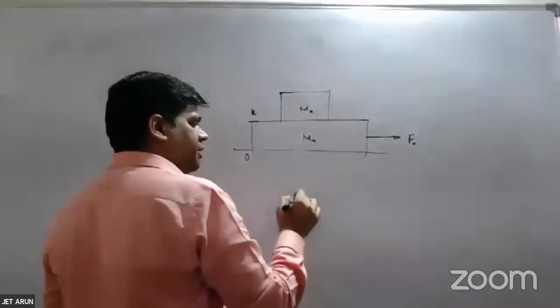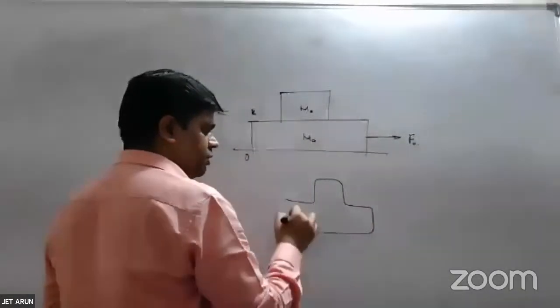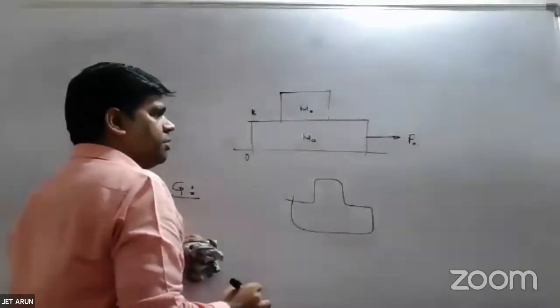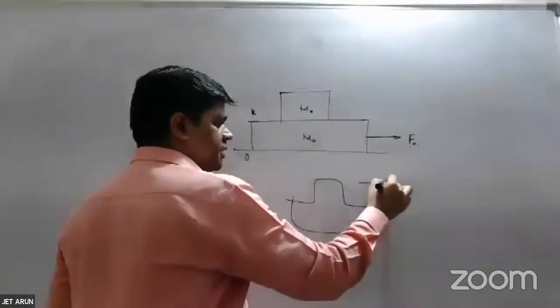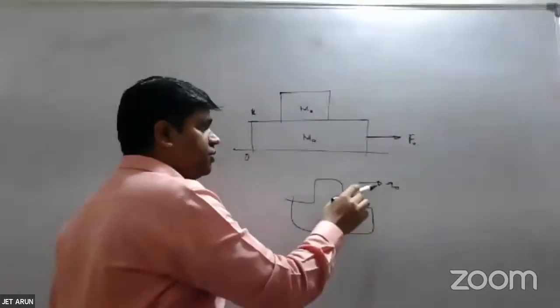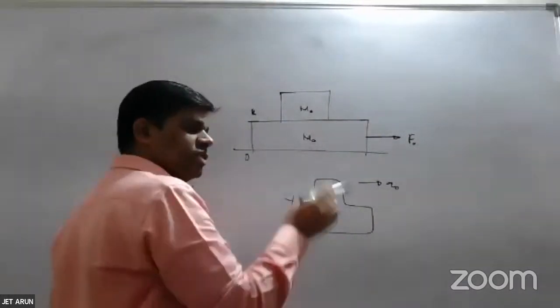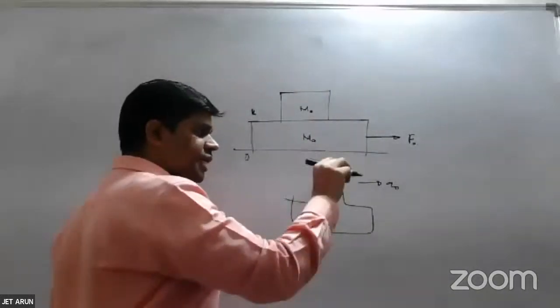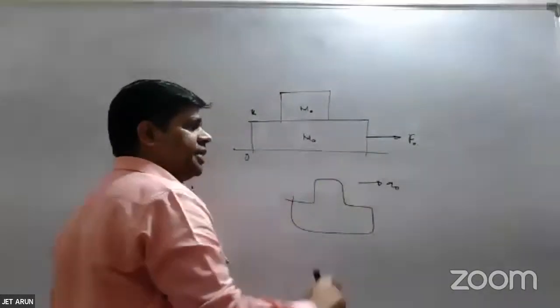If at all they are moving together, they'll move with the same acceleration, a naught, let's say. The only force on the upper block which is responsible for acceleration towards right is friction. So friction will act towards right.